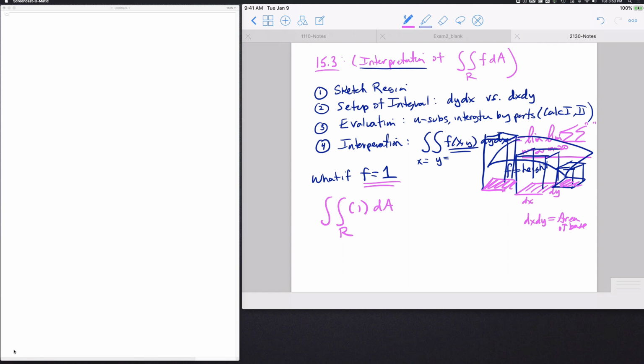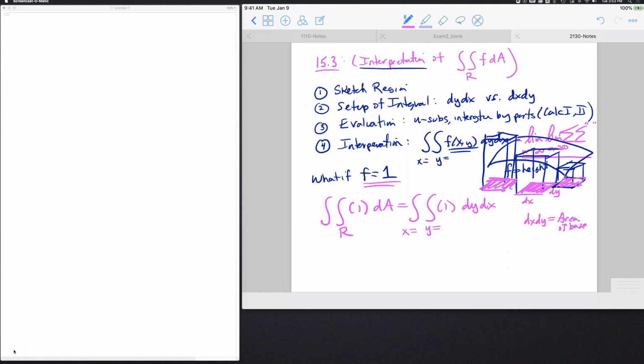The key here is that when you do this double integral, you would get 1 dy dx integrating over a region in the xy-plane, and the key is to just focus on the areas of the bases.